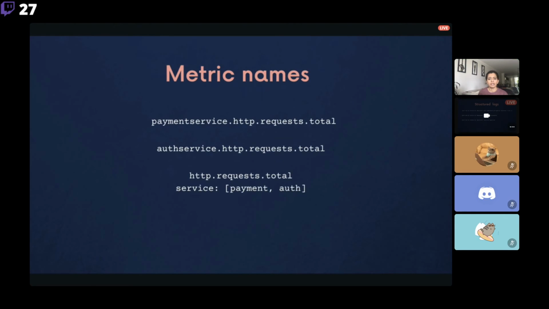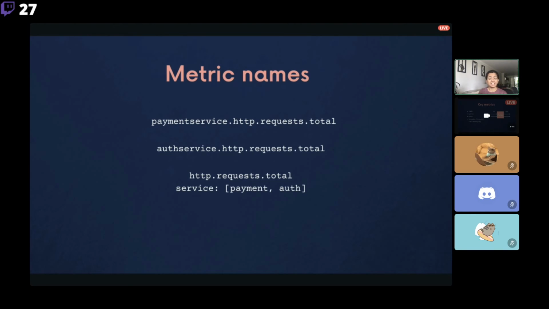Another important thing was that every service had its own way of naming their metrics. They had the service name in the beginning, followed by the metric name, which was HTTP requests total. This worked as long as just the team needed to look at the metrics. But imagine as an SRE team, when we had to look at the metrics across the board, we wouldn't know that we had to look for payment service or auth service and things like that.